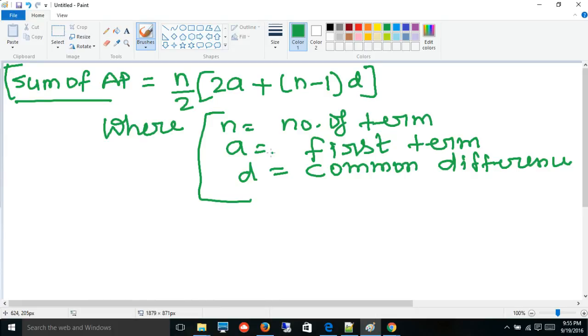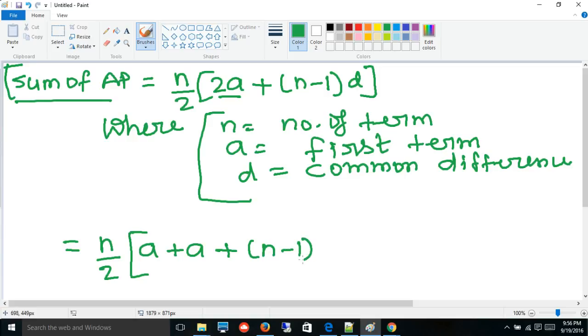As discussed, I am going to break this formula down more deeply. If you understand here, this is analytic. Now you can write this 2a as a plus a. So if you write a plus a, plus the other term is (n minus 1) into d.